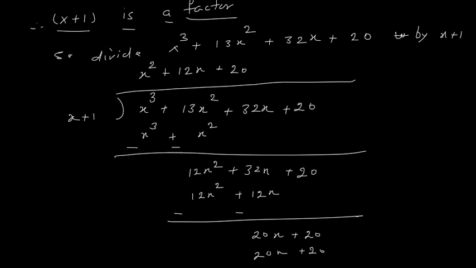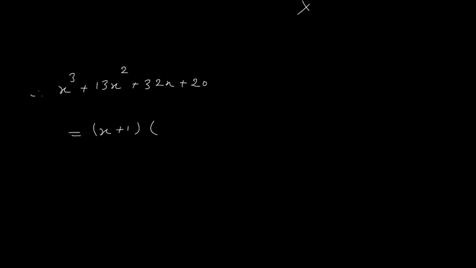So therefore we will say that x cube plus 13x square plus 32x plus 20 is equal to one factor x plus 1, the other factor x square plus 12x plus 20.